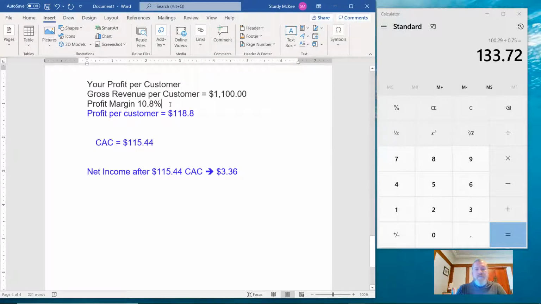Yours might be higher or lower. Again, plug in your own numbers. But if you're getting $1,100 per case at a 10.8% profit margin, that's $118.80 profit per new customer, per new case, per new patient. However much you're getting per customer times your profit margin gives you your profit per customer, and we're going to put that up against the average.